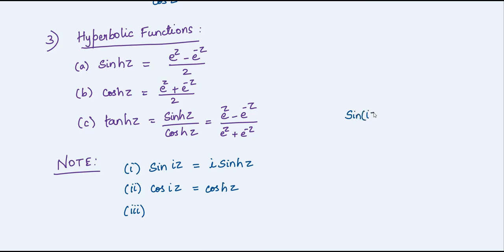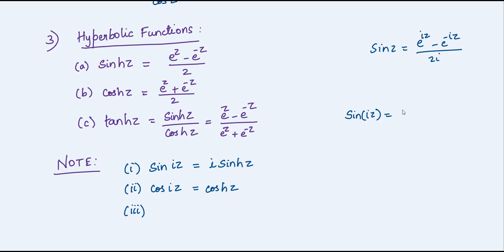Sine of iz. Sin z we know. Sin z was e power iz minus e power minus iz upon 2i.